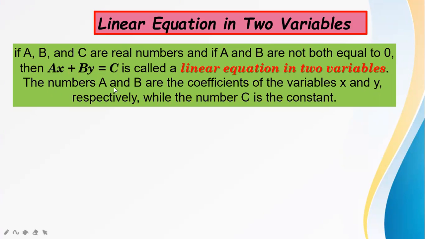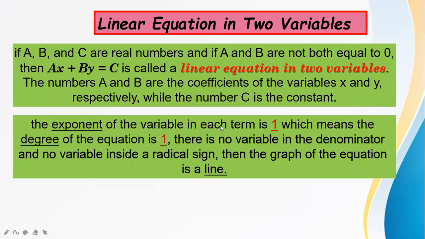The numbers a and b are the coefficients of the variables x and y. Then the number c is the constant.